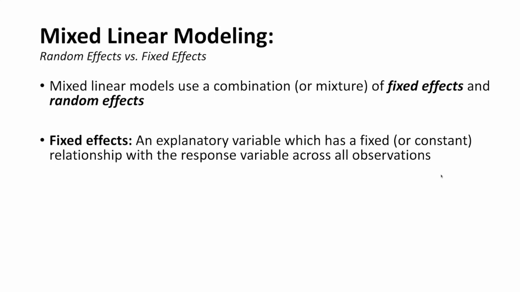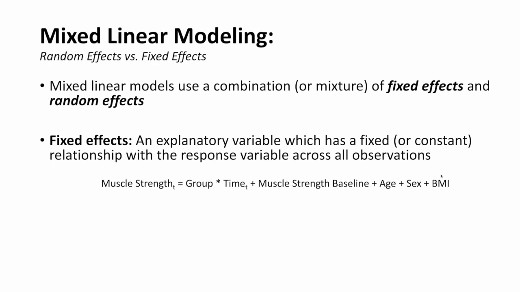A fixed effect is basically an explanatory variable which has a fixed or constant relationship with the response variable across all observations, meaning that we are assuming in the case of a randomized control trial that a fixed effect doesn't vary across time. The relationship of the fixed effect variable is constant across time points. So within the context of this hypothetical example looking at muscle strength, the fixed effects are going to be group, muscle strength at baseline, age, sex, and BMI.